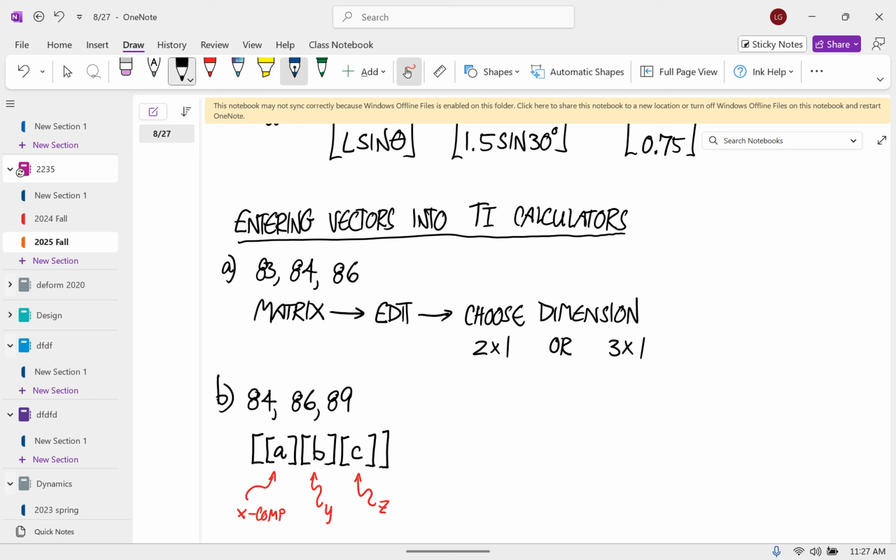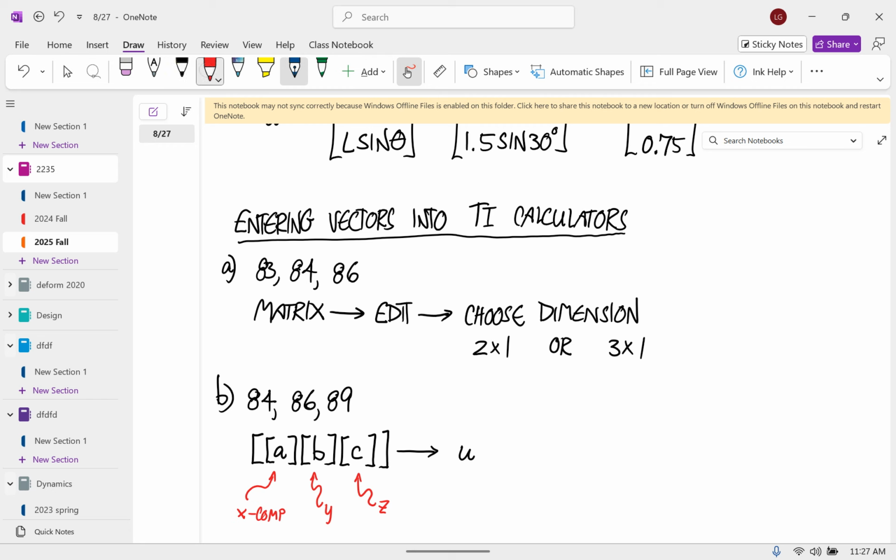And if you want to put that into a variable, if you want to name that thing, you use the store function. It's almost always in all of them, I think, at the bottom left somewhere, and it looks just like an arrow. Then just put it into whatever letter you want.